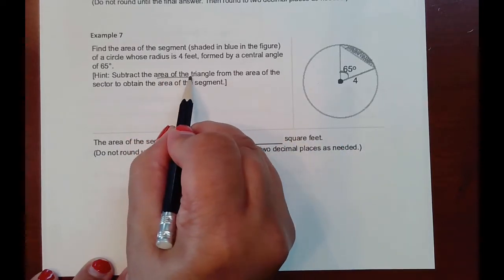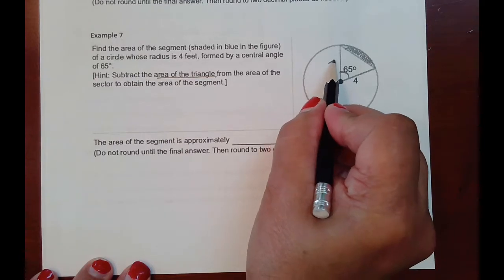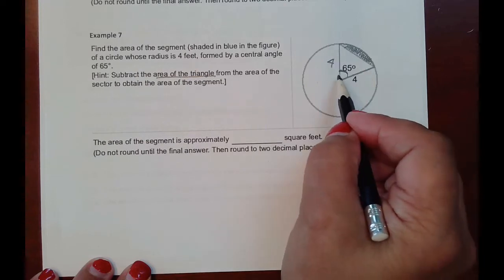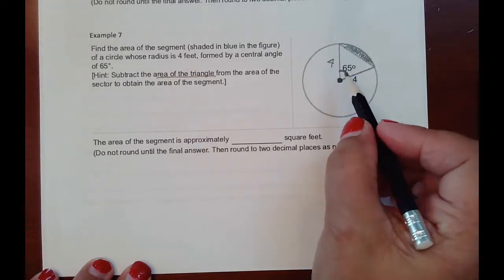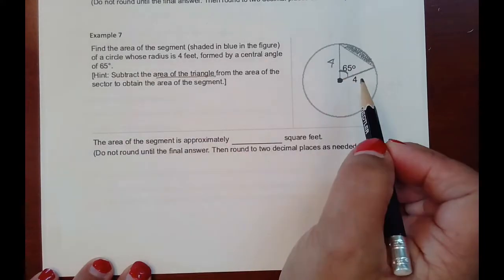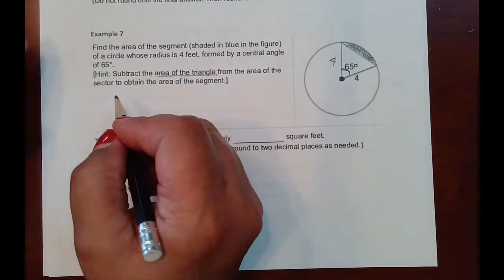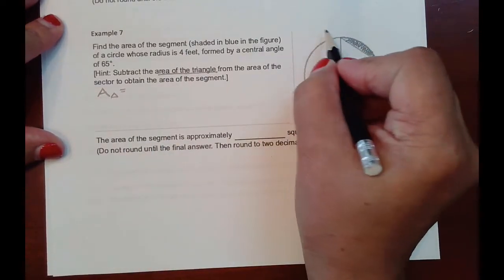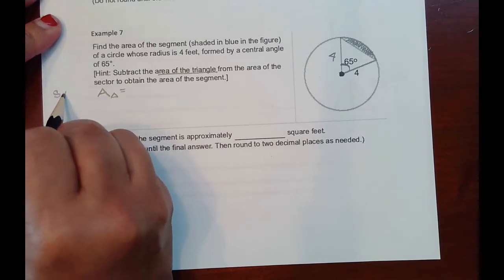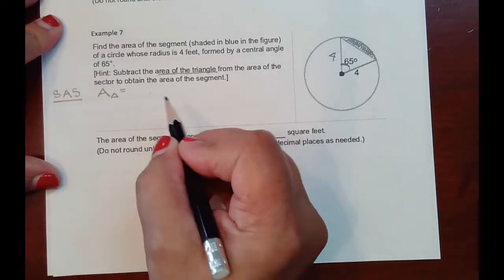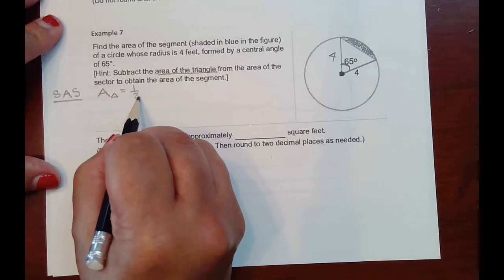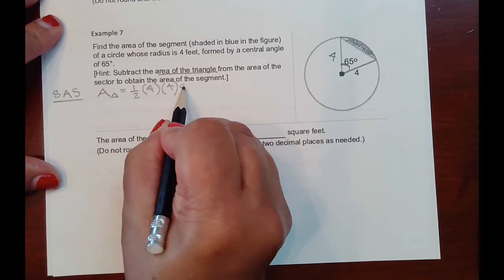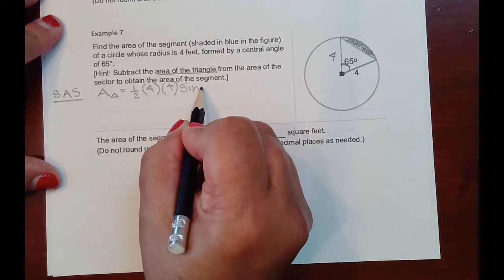So for area of a triangle, you have 2 sides that you already know, because if the radius is 4, it's 4 no matter which direction you go in, as long as you go from the center to the edge of the circle. So you have 2 sides and an included angle. So the area of the actual triangle here would be using that side angle side method for finding the area of the triangle, which is just 1/2 times the 2 sides multiplied together, and then multiplied by the sine of the included angle.